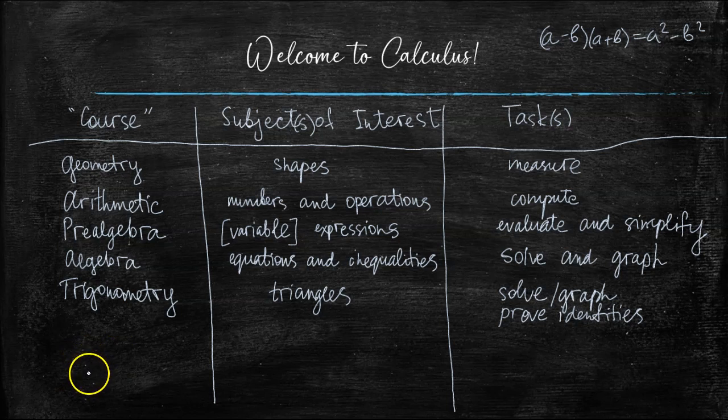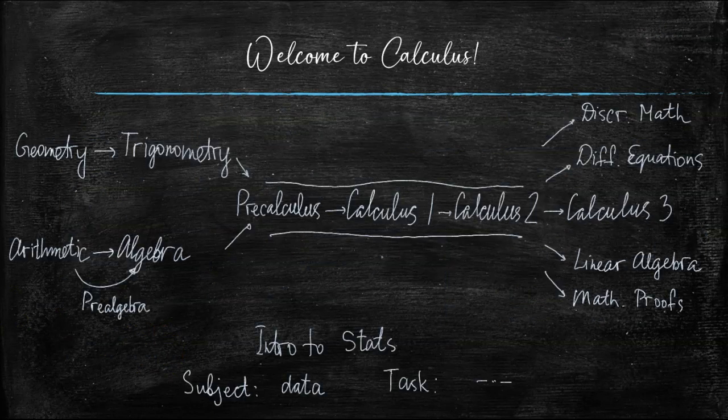All right, now let's talk about pre-calculus. So remember, the purpose of pre-calculus is to unify the approach to things that we learn in trigonometry and algebra and get you ready for calculus.